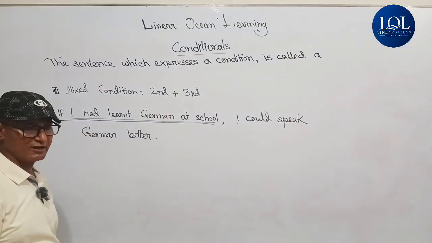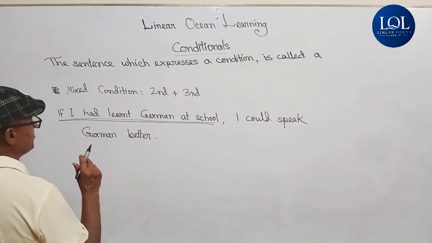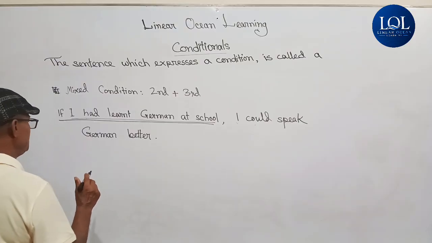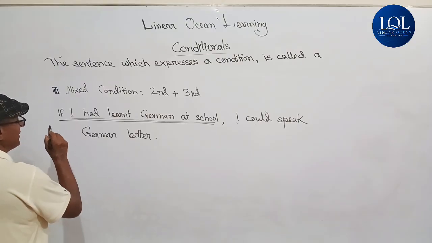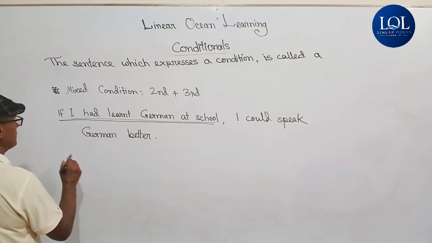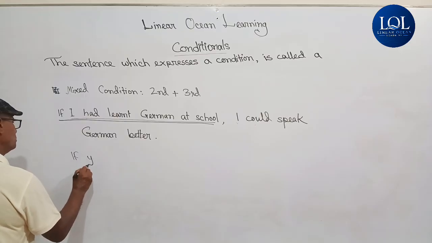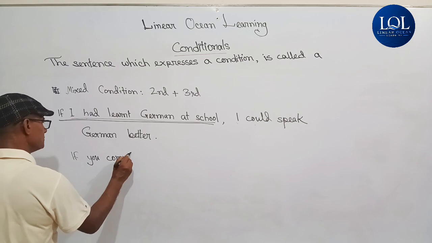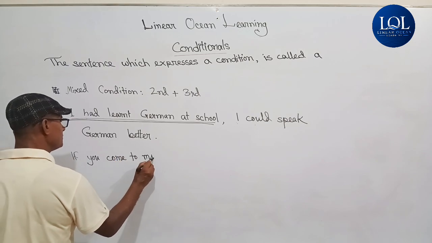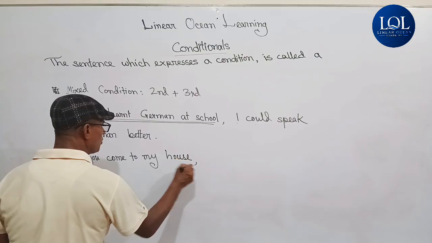Viewers, there is one more thing. If we start the subordinating clause with if, then we are getting a comma after the subordinating clause. If you come to my house, comma, there is a comma.